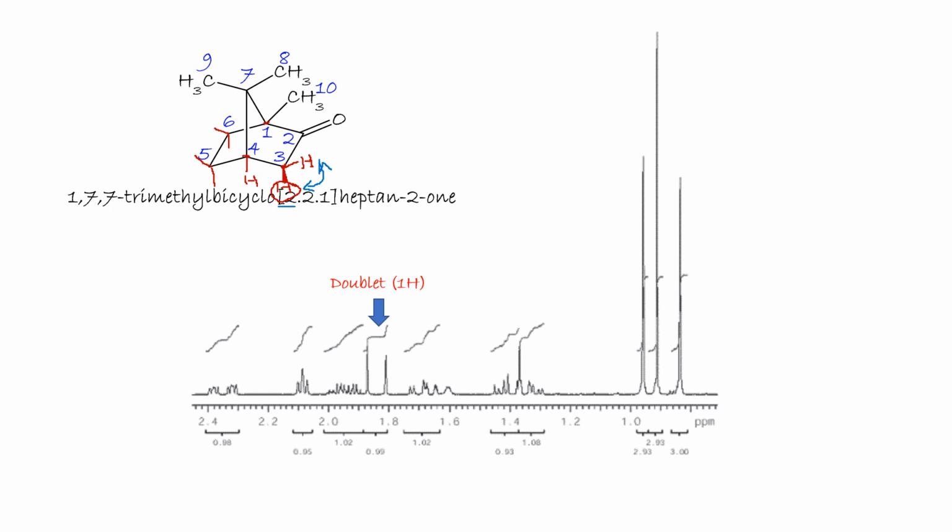Expecting that this hydrogen will show up as a doublet, I looked for the doublet in the spectrum and found that we have a doublet here. The value of this doublet is around 18 hertz, which is very close to the range of the J2 value. So I use this as the starting point.